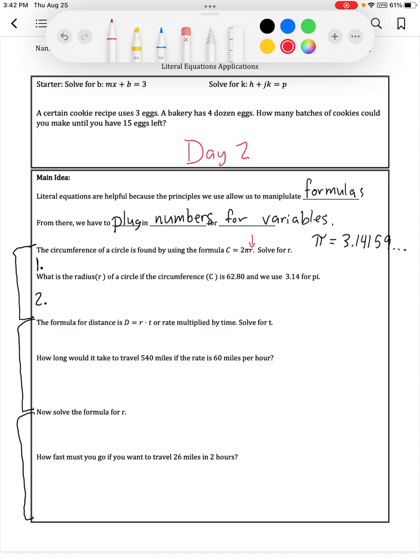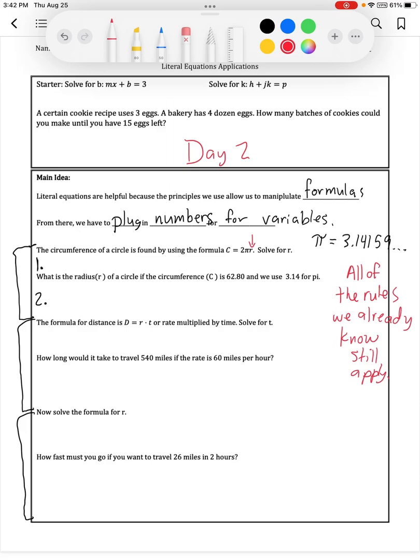Now, if you'll recall, the big idea from literal equations is that all of the rules we already know still apply.